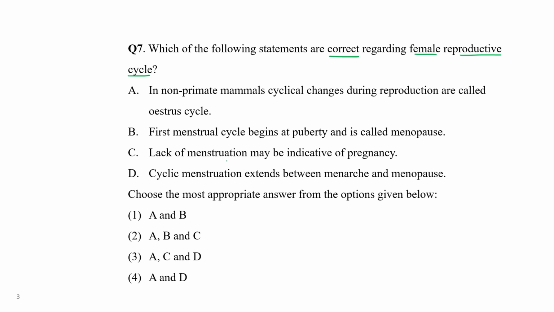Third, lack of menstruation may be indicative of pregnancy. Fourth, cyclic menstruation extends between menarche and menopause. Out of four options, we have to analyze which one, two or three statements are correct. Just take your time, five to ten seconds.